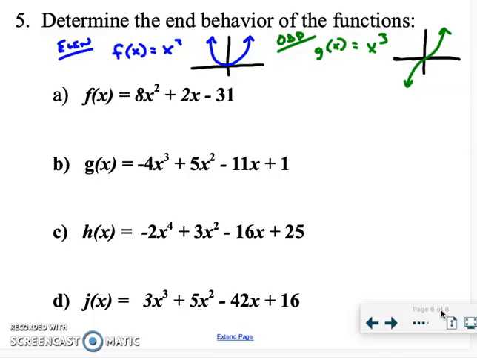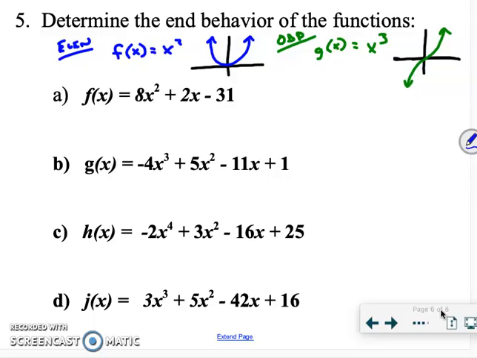But if and when the function has a negative leading coefficient, we know that a reflection is going to occur. Something like this is going to ensue. Long story short, it's going to get flipped if we have that negative out front.